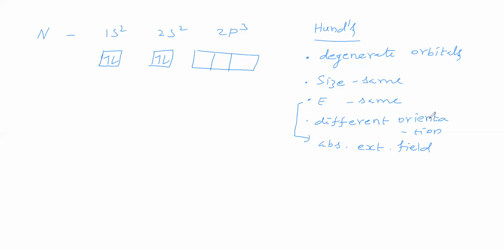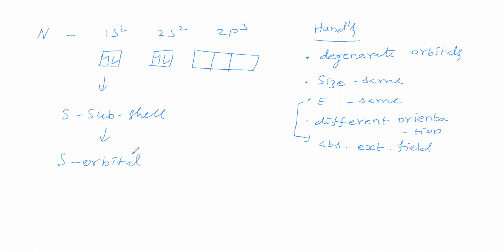So now we will take s. An s subshell always has only one orbital.